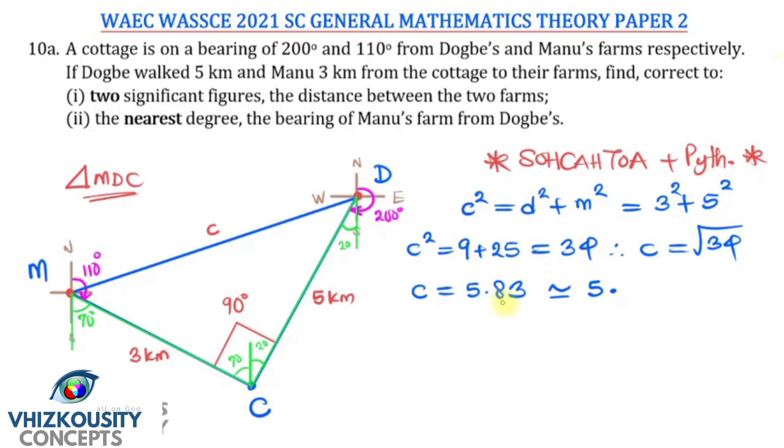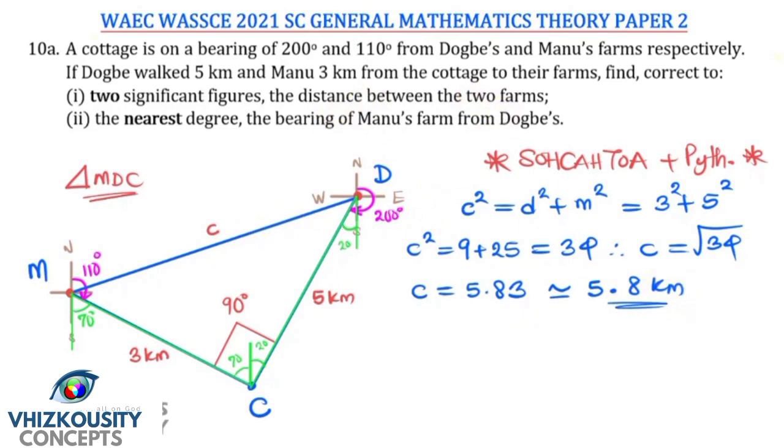To consider the second digit, we look at the third digit to see if we need to round up or down. 3 is not up to 5, so we round down, and it will not take effect on 8 at all. So this is approximately 5.8 kilometers as the distance between the two farms, which is C.